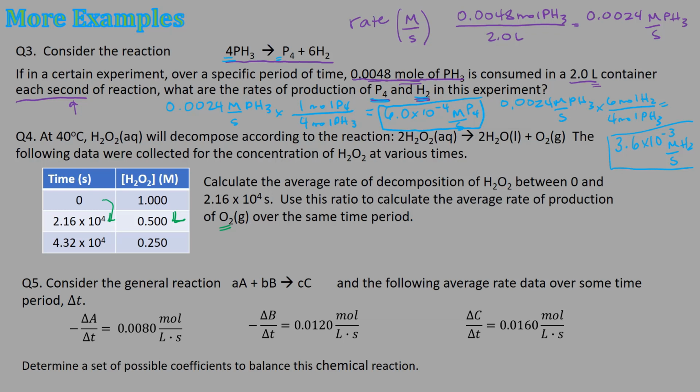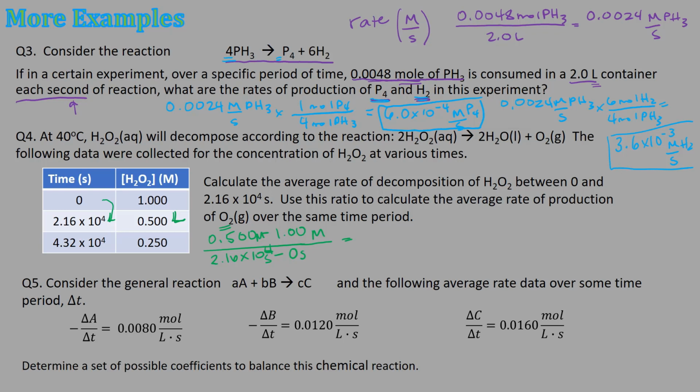So I have to do my change in concentration over change in time. So it's 0.500 minus 1.00 divided by 2.16 times 10 to the positive fourth minus 0. And that's molarity up here. And down here is seconds.